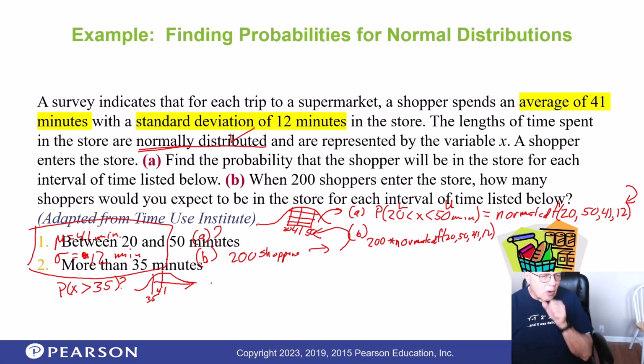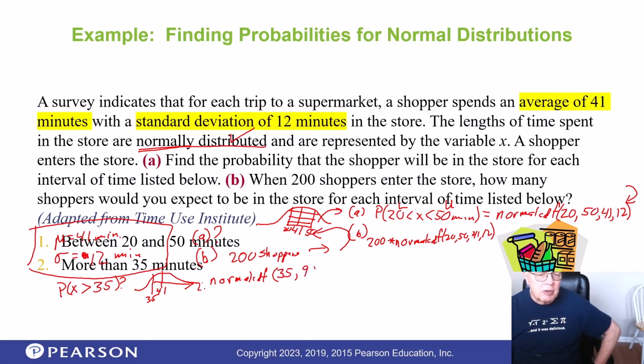So we're going to use normal CDF again. Remember, don't accidentally use option number 1. This is option number 2. Just a reminder, we're talking about negative infinity. Oops, greater than 35. So we're going to start at 35. We'll go to positive infinity because there is no upper limit.